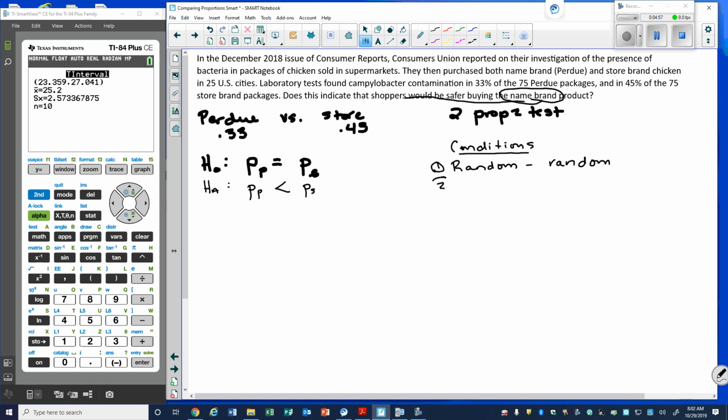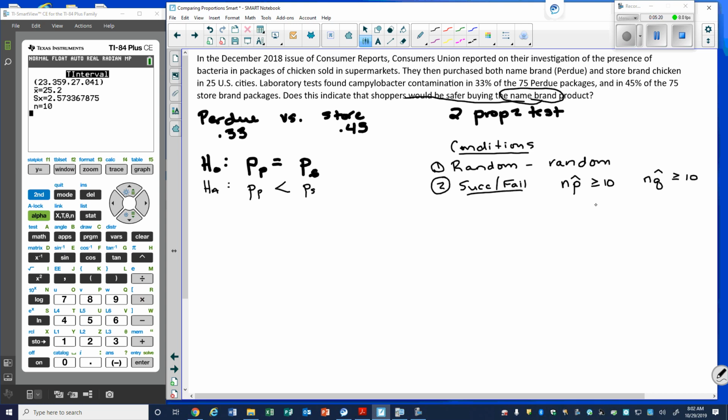Number two, we need to check the success failure condition to make sure that it is met. The number of successes has to be greater than or equal to 10, as well as the number of failures has to be greater than or equal to 10.